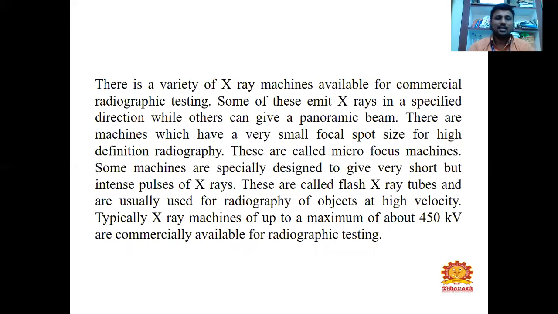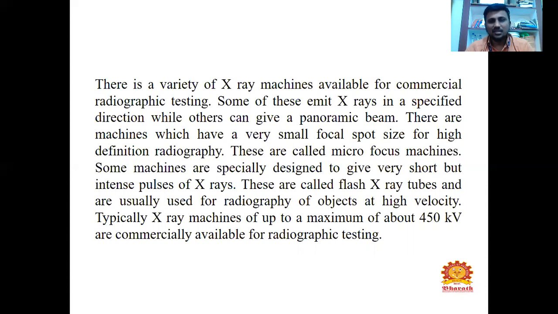So there is a variety of X-ray machines available for commercial radiographic testing. Some of these emit X-rays in a specified direction, while others can give a panoramic beam. There are machines which have a very small focal spot size for high definition radiography. These are called microfocus machines.